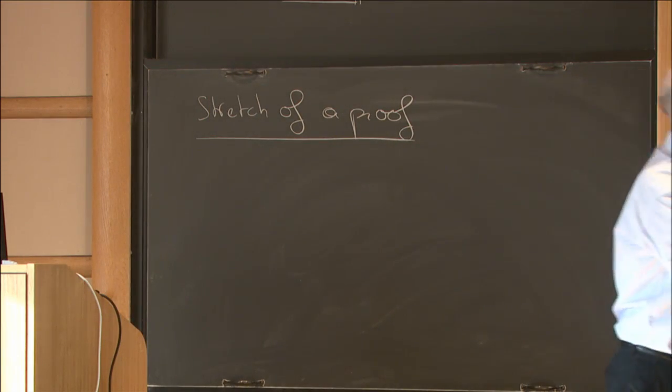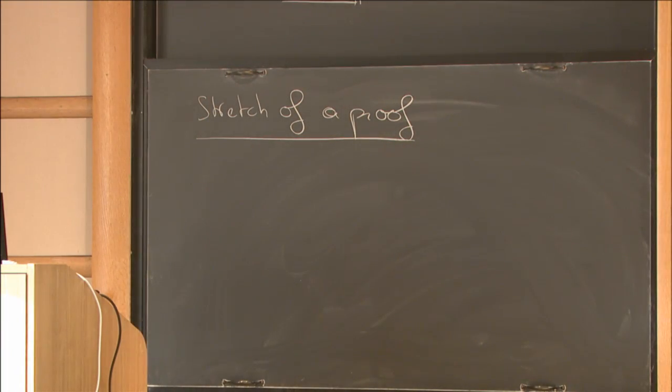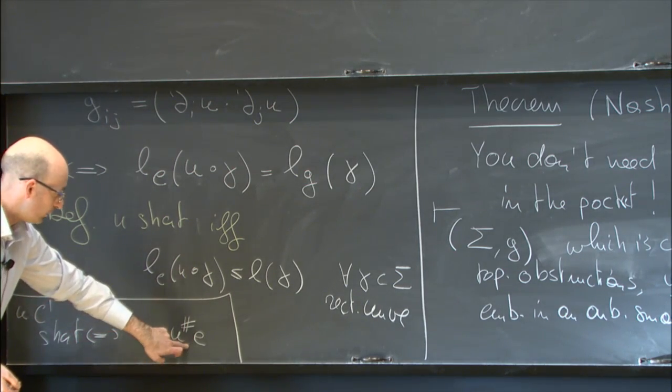But given what I explained 2 days ago, you will see somehow a very similar philosophy. What I want to do is implement an iteration which starts from a short map and, at the end of the iteration, gives you the isometric embedding. So I can measure the distance of the short map from being an isometric embedding by looking at the error that I make when I subtract from g the pullback metric.